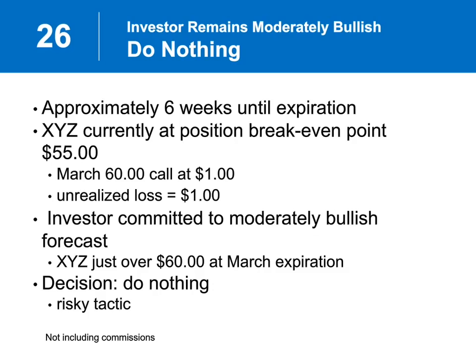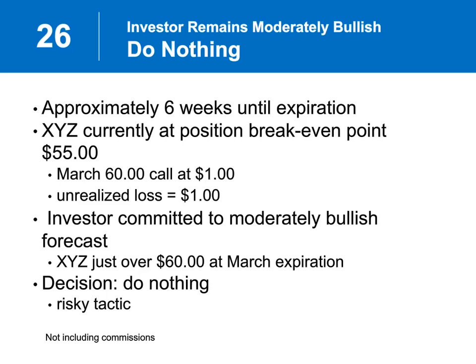that's a look at the initial position. So another scenario, we remain moderately bullish, and we've got 6 weeks to expiration, and we decide to do nothing. What's changed is XYZ is currently at the break-even point.